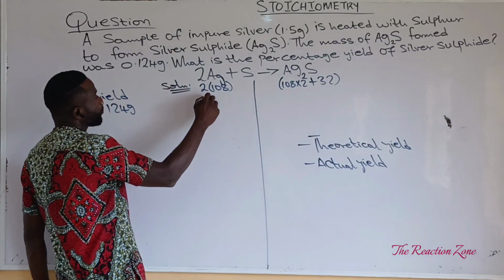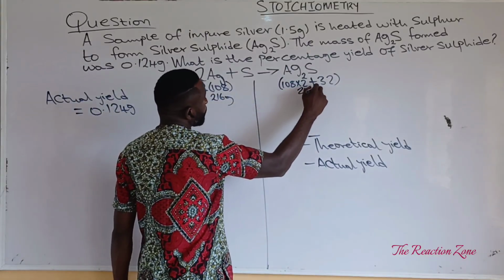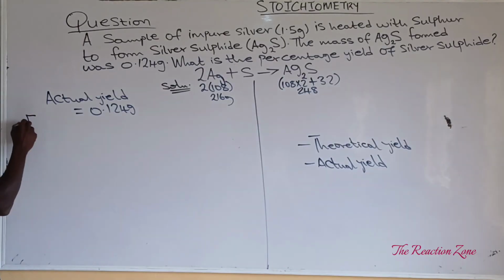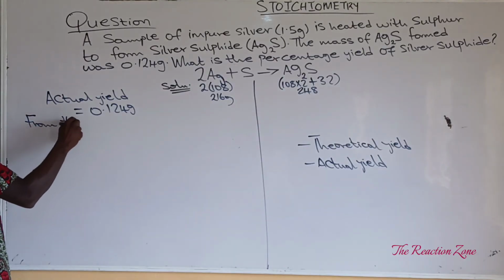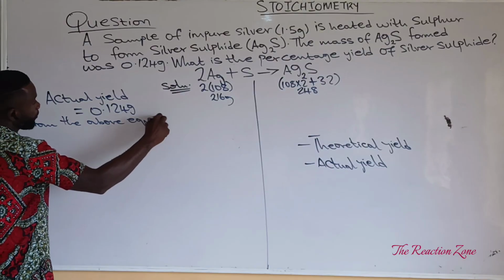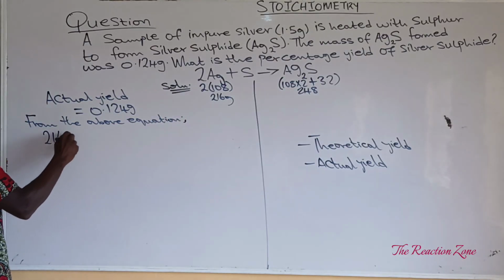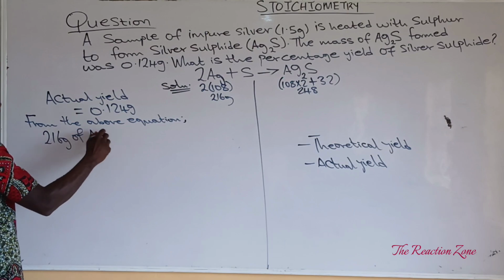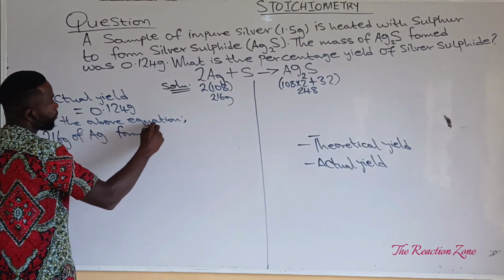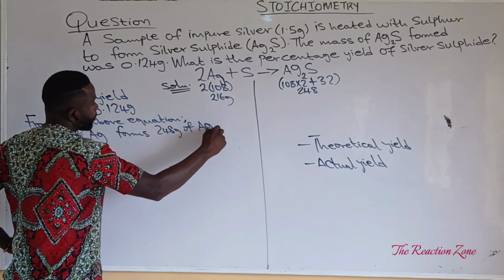So this gives a total of 216 grams, and this gives a total of 248 grams. So we can say now, from the above equation, that 216 grams of silver forms 248 grams of silver sulfide.